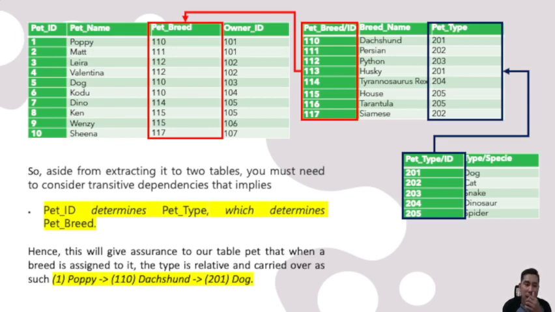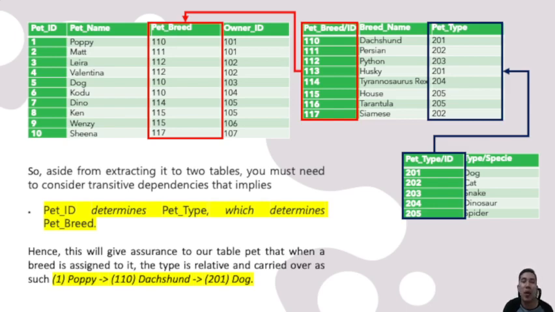So meaning to say, if puppy is assigned to a breed of, let's say, Dachshund, then its type is 201, which is a dog. Therefore, the type dog is carried over as you assign Dachshund as the breed of this particular pet, which is puppy. The same applies to Persian, which is assigned to, let's say, Matt.